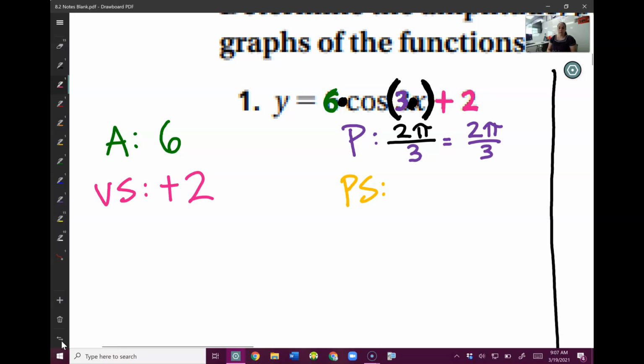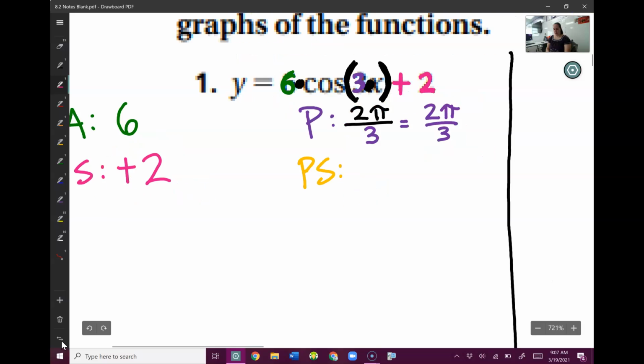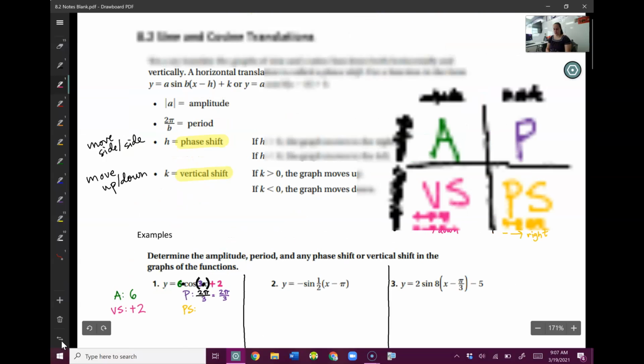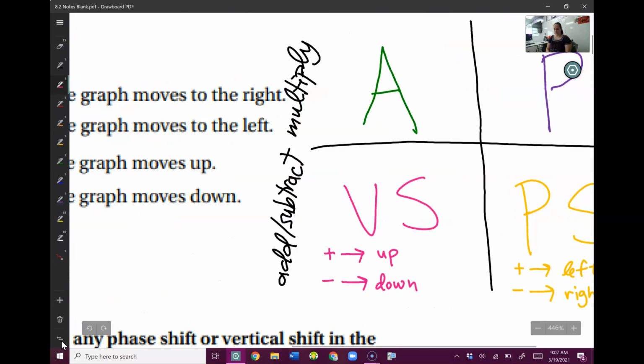Now, if you just put positive 2, that is not full credit. And here's why. Vertical shift has a direction. So you must write the direction with it. So vertical shift, positive. If we go up to this right here, vertical shift, and it's positive.